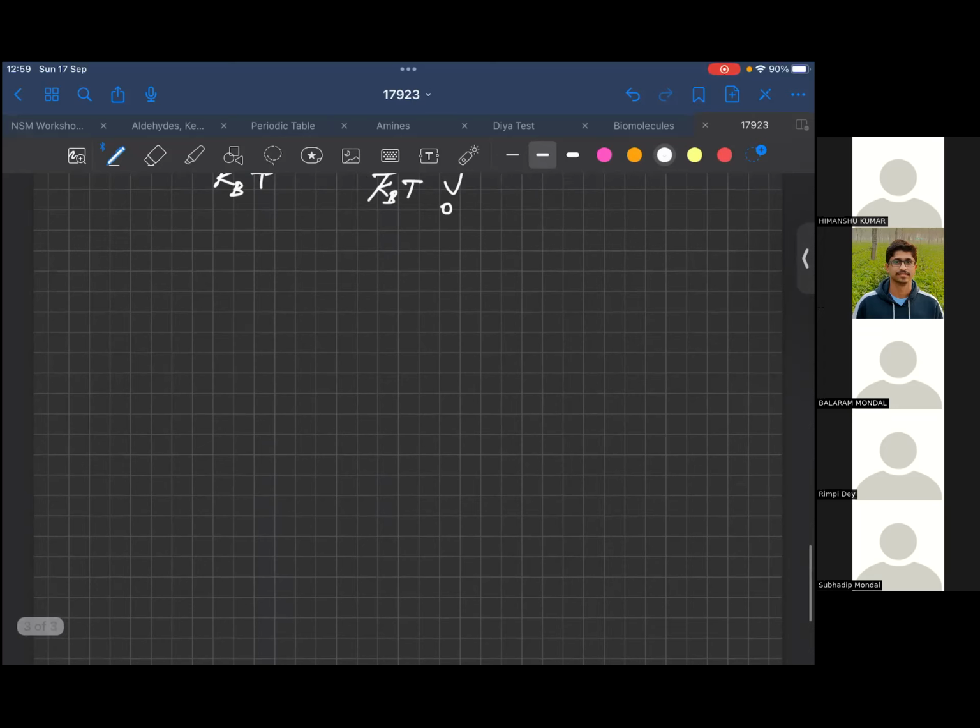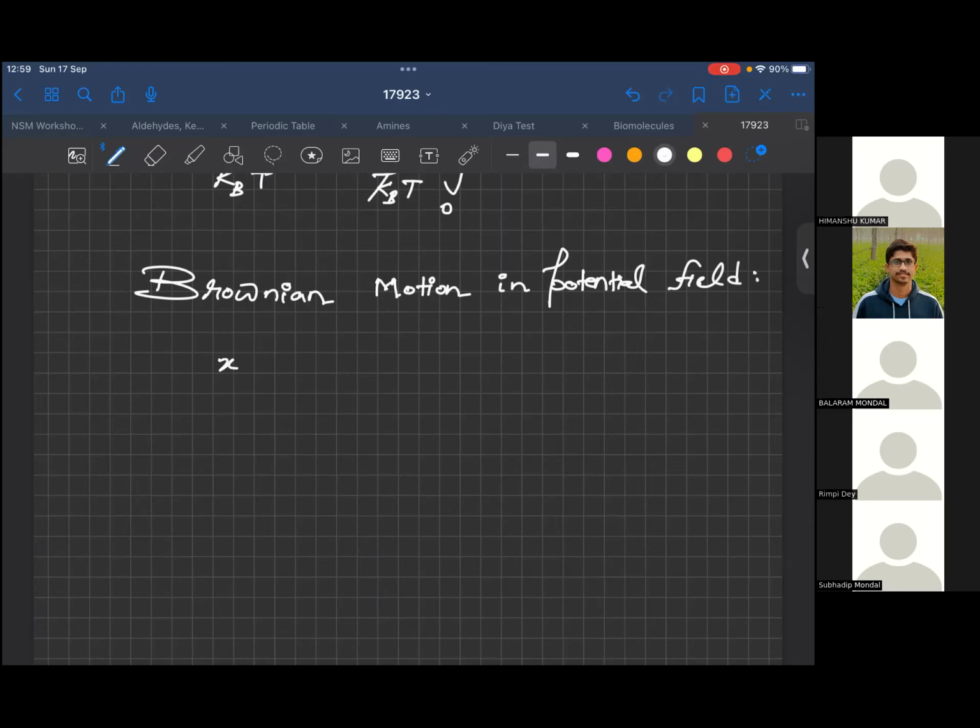Similarly here, if we consider the Brownian motion in a potential field, where u is our velocity, then the Langevin equation is given by this.